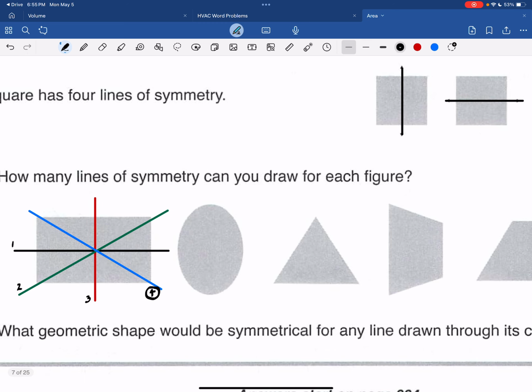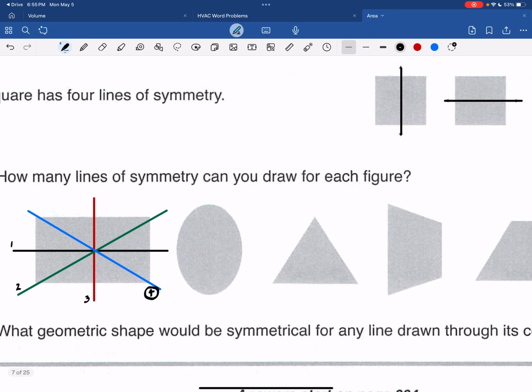The oval, that's not a circle, it's an oval or an ellipse. Sometimes you will see this, not to be confused with ellipsis. Those are the 3 little dots that you see in writing. An ellipse is an oval.